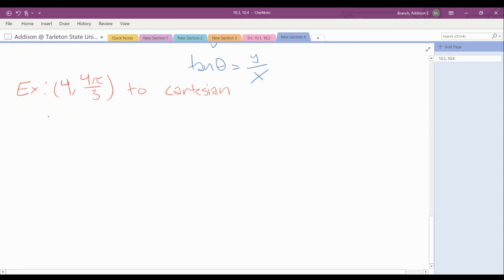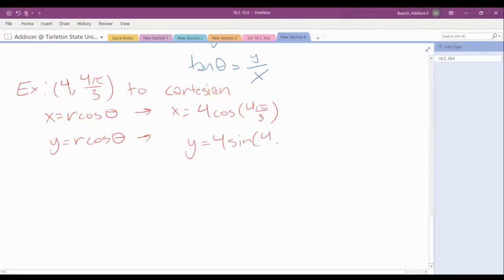So what we can do is plug this straight in. x is equal to r cosine of theta, and y is equal to r sine of theta, to get us x is equal to 4 cosine of 4 pi over 3, and y is equal to 4 sine of 4 pi over 3.